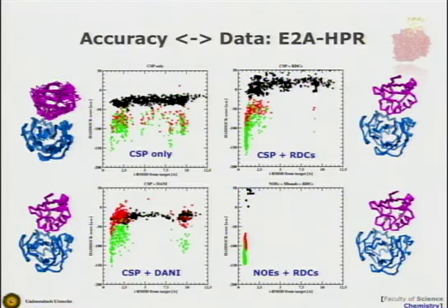If you can add a bit of anisotropy information that will define the relative orientation of your molecule, so these are RDCs from NMR, this is also orientational information, but coming from relaxation rates from NMR. You see now that with RDCs, and it's a single set, only the native-like solution really gives rise to a strong energy funnel, and it's much more populated than in this case.